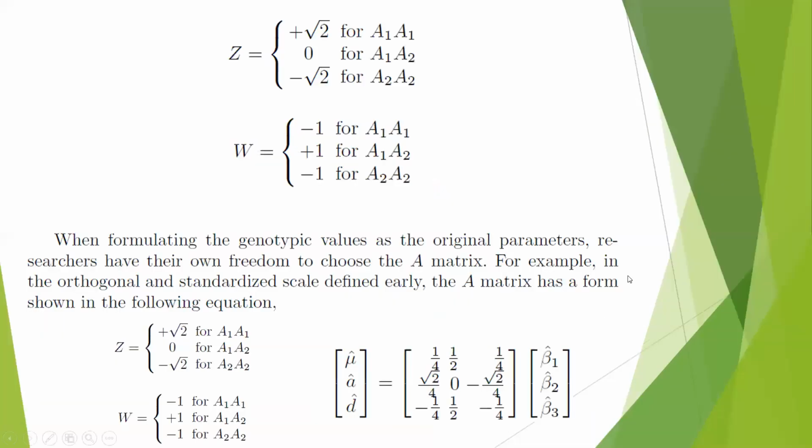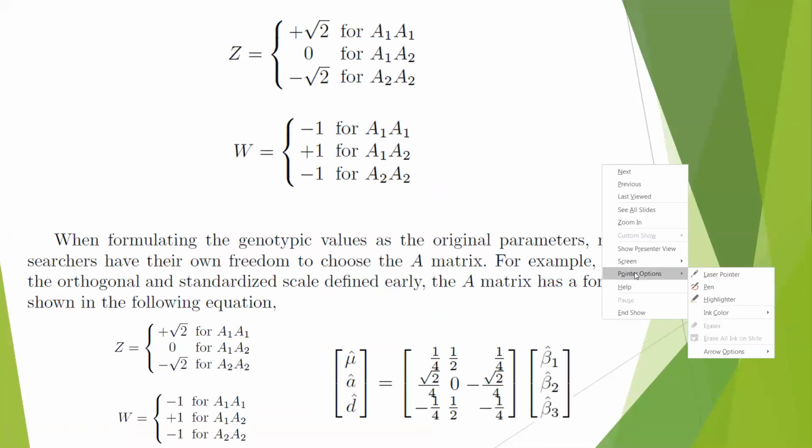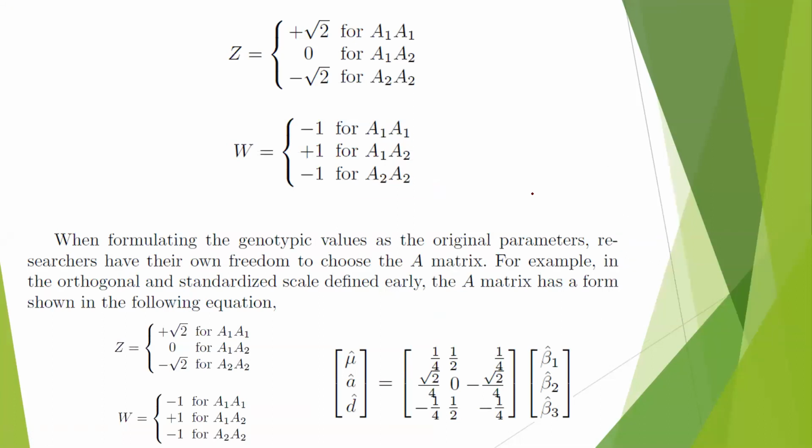Okay. So last time we talked about using different scales for the z variable or w variable. So I got a few questions from you asking how we calculate this A matrix if we use different scales, right?